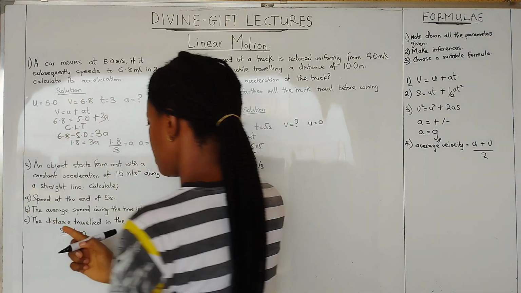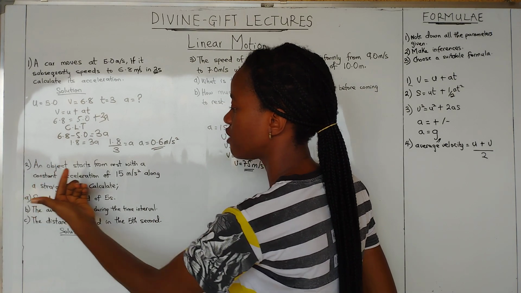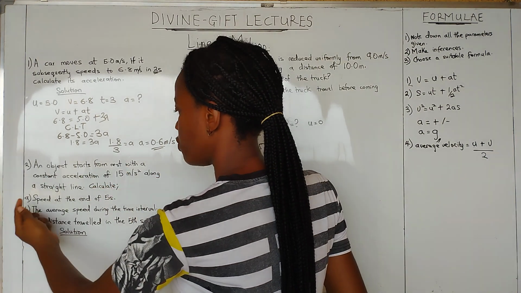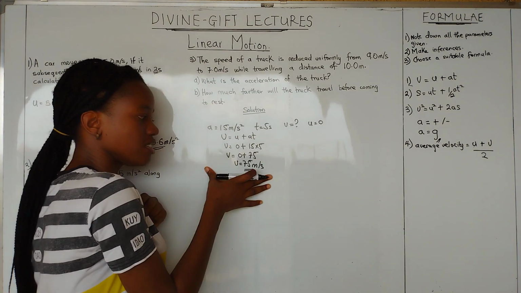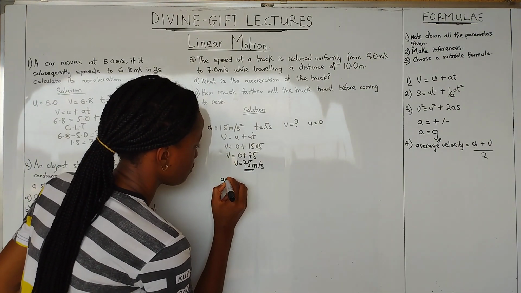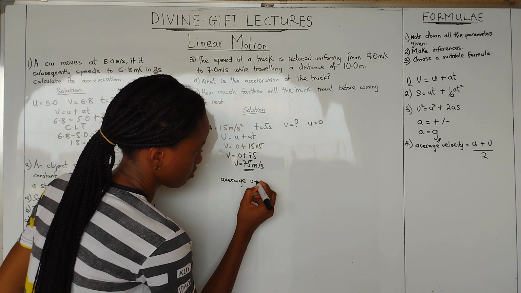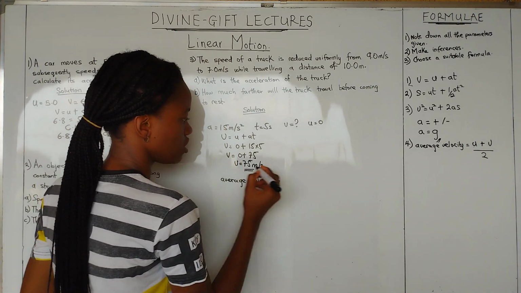Now they said during the time interval. So during the time interval, the initial velocity, what? Starts from rest, which means 0. And then we found through question A that the final velocity in the time interval is 75. So we can say the average velocity or speed is equal to what?